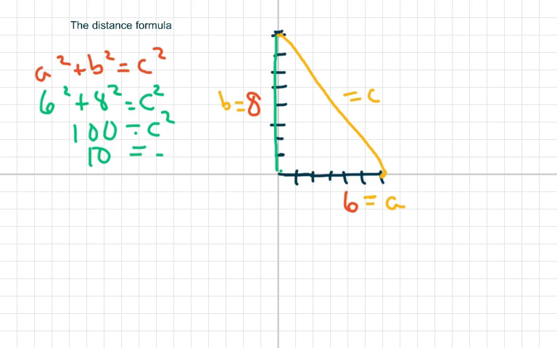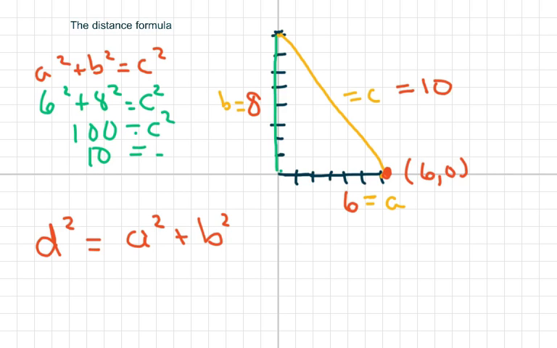Well, the distance formula results from the same thing, but instead of calling it C, we're going to call it D. So D squared equals A squared plus B squared. So we already know that this is 10. And we want the distance between this point, we'll call this point (6, 0), and this point up here, which is (0, 8).